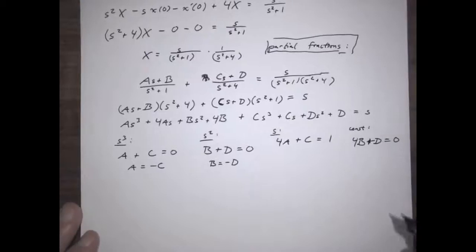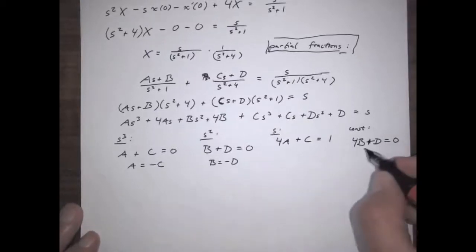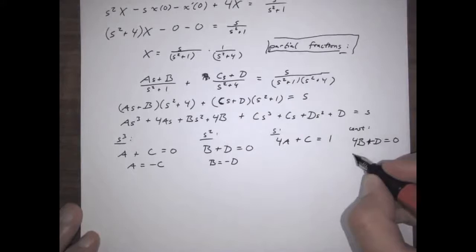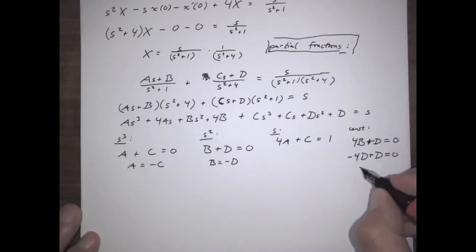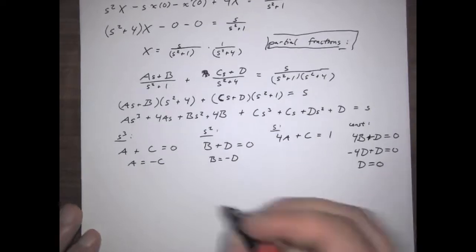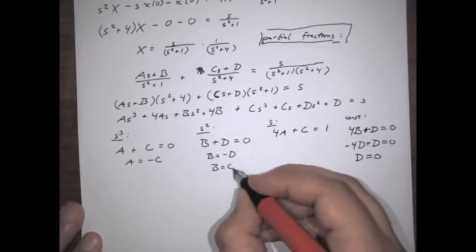Okay, well, putting the pieces together here, if I put this in, that's going to be minus 4d plus d equals 0. In other words, minus 3d equals 0. So in other words, d equals 0, which means b equals 0.